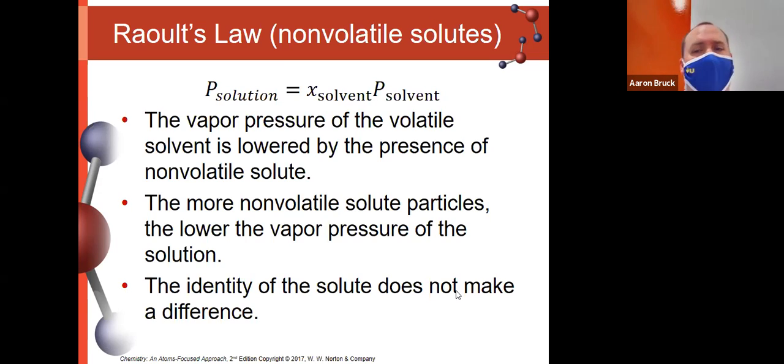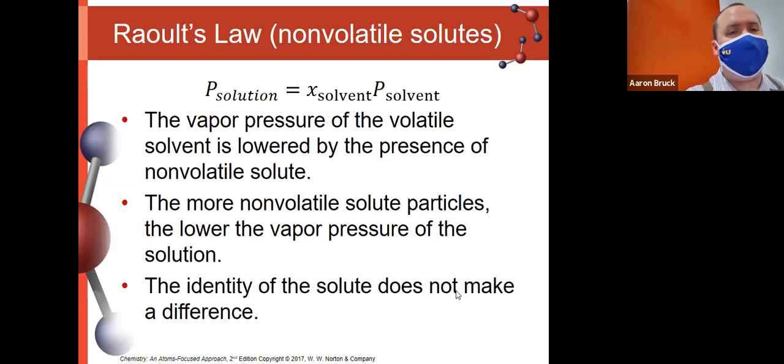And we talked about that difference in terms of their intermolecular forces. The solvent particles on their own have weaker intermolecular forces than the solvent-solute intermolecular forces that make up that solution. That's why the solution formed in the first place.